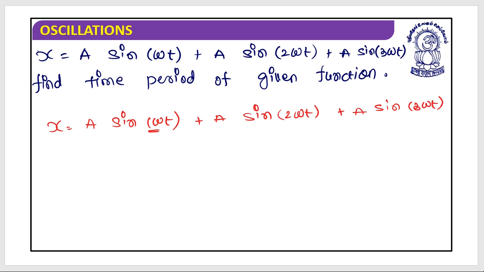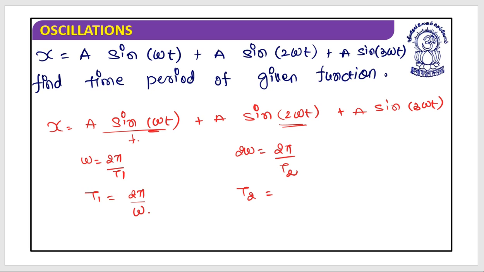To find the time period, for the first, ω equals 2π by T1, and from this T1 equals 2π by ω. For the second, 2ω equals 2π by T2, and from this T2 equals π by ω. For the third, 3ω equals 2π by T3, and from this T3 equals 2π by 3ω. I hope this is clear.